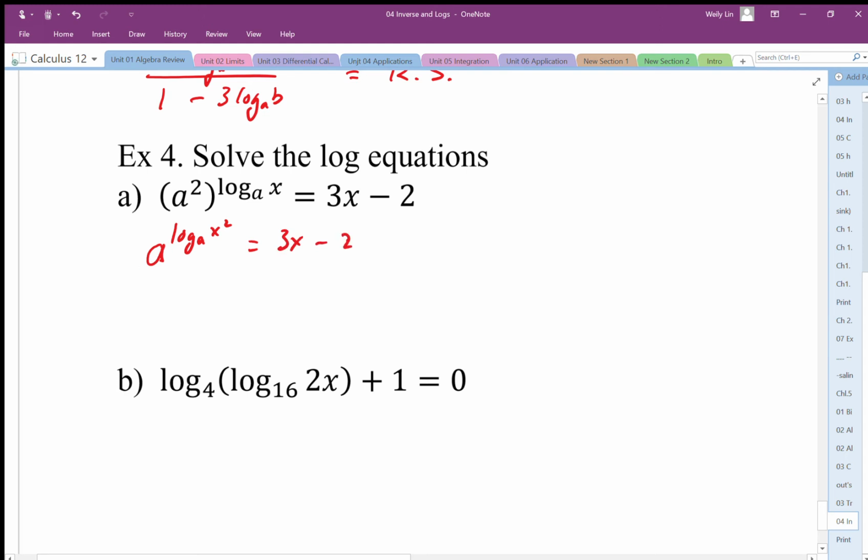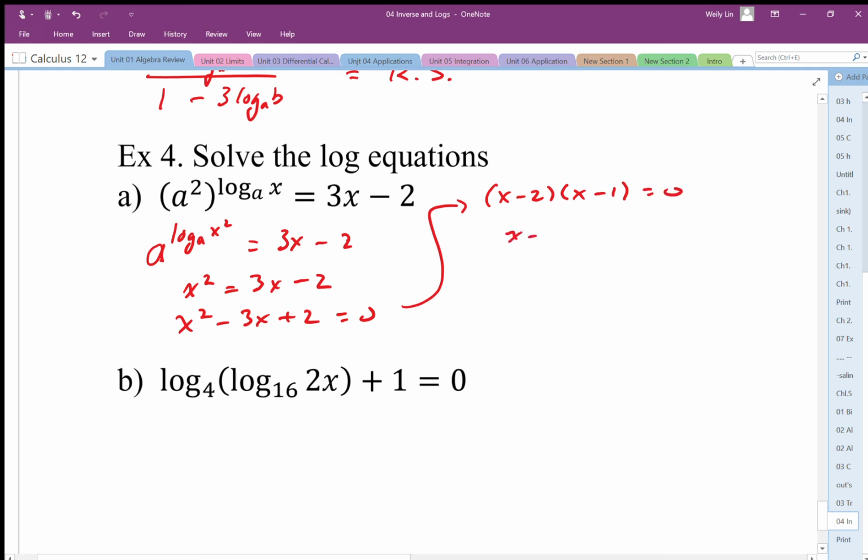Exponent and log undo each other, and we're left with x squared. Then I can solve this as a quadratic equation. This is factorable, so we end up with x minus 2, x minus 1 equals 0, so x is equal to 2, x is equal to 1.